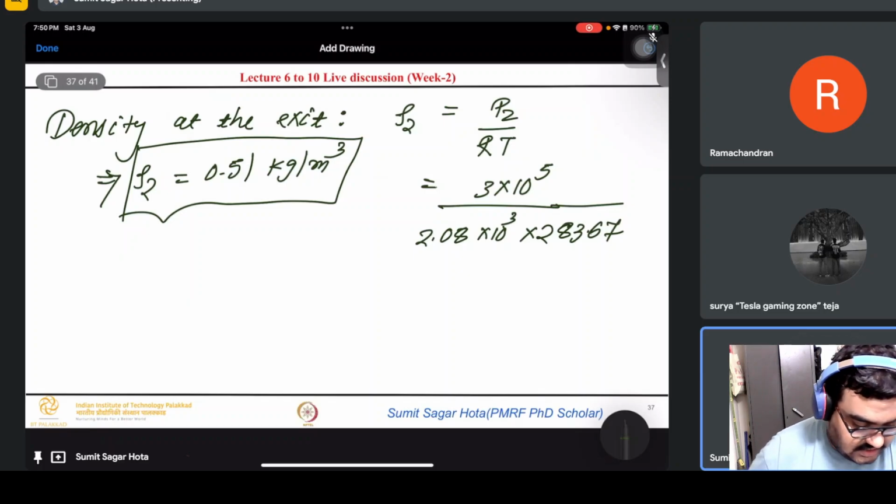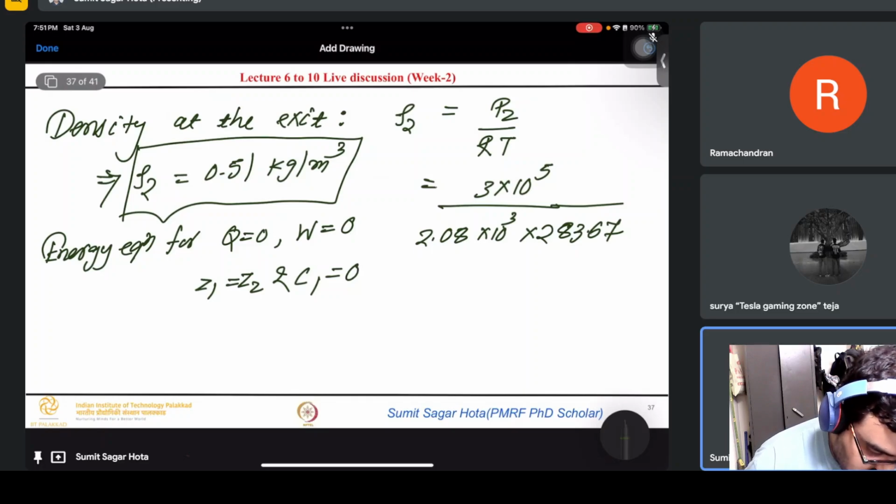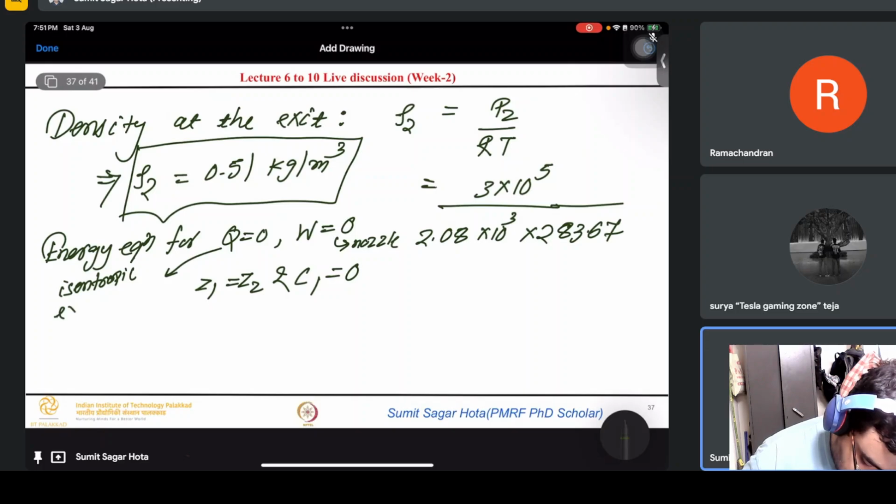So again, we can apply the energy equation. For Q equal to 0, W equal to 0, Z1 equal to Z2 and C1 equal to 0. W is 0 for a nozzle, Q is 0 for isentropic expansion, it's given in the question.